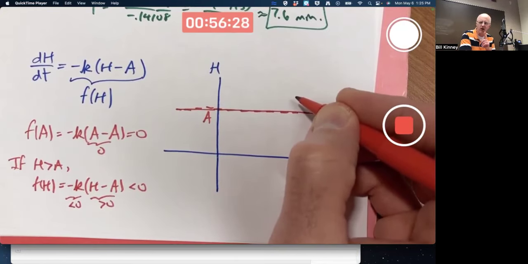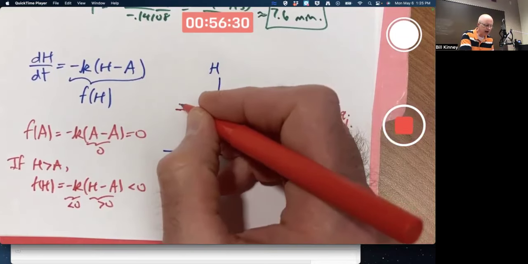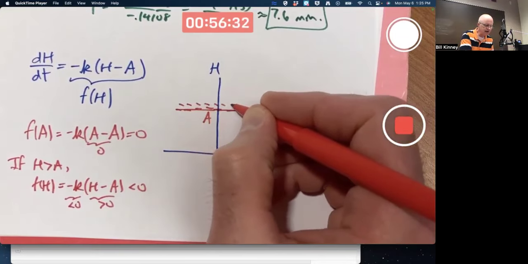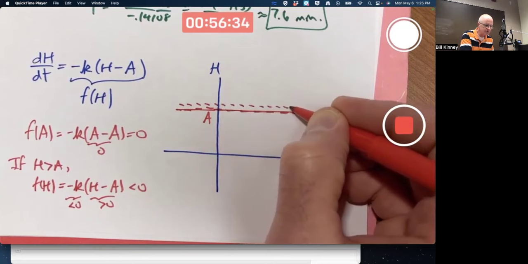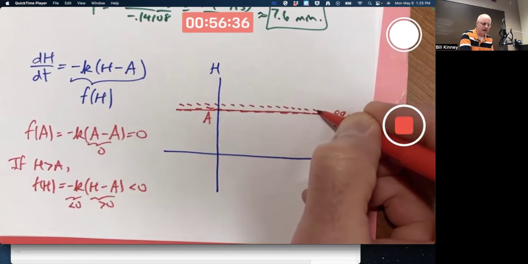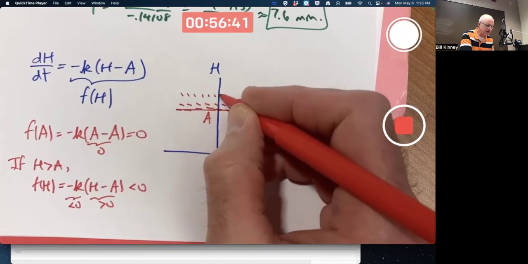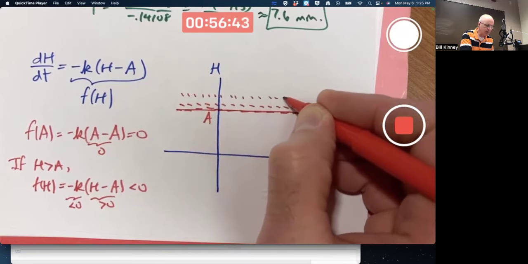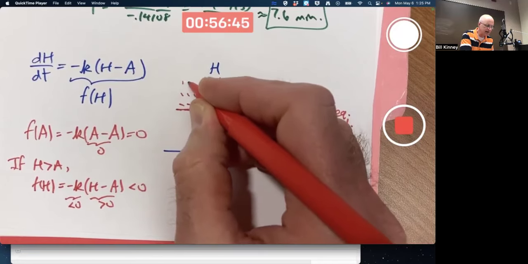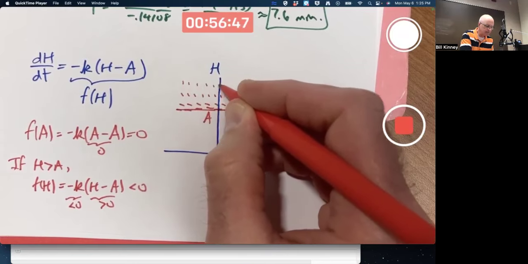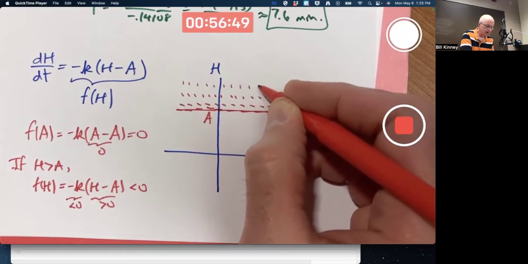Close to 0 when H is close to A. So there'll be negative slope, but just barely. Getting further away from 0 as H gets bigger. And once you're big enough, it's going to look like they're practically vertical, even though they're not.